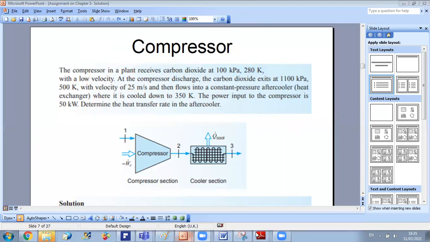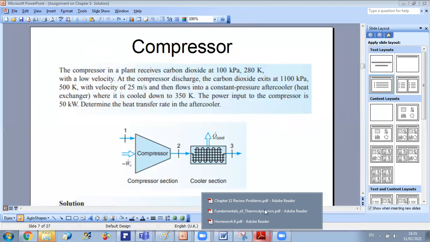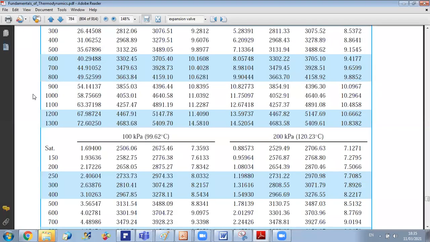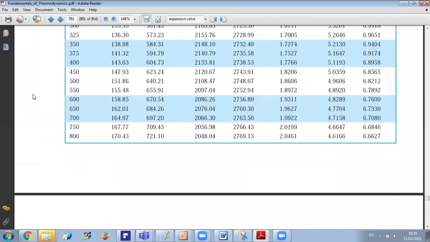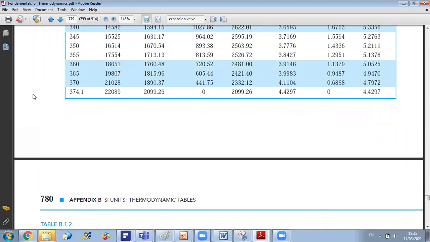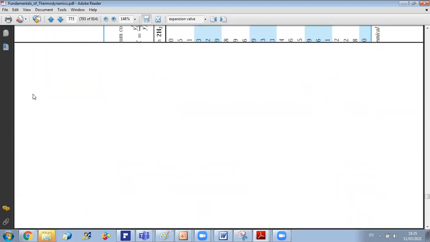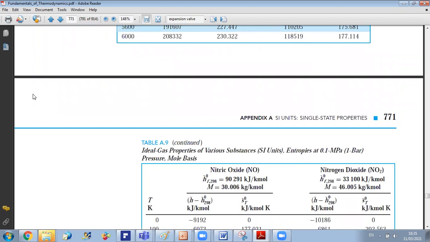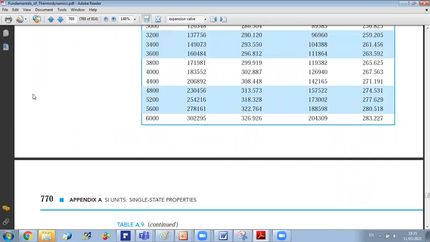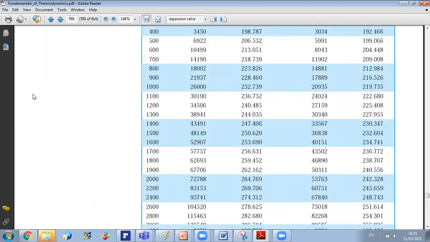Then I will go to my tables. And if you remember, it's not in Appendix B, it's in Appendix A, the ideal gas properties. So I'll go back to Appendix A. It's table A.8. I want A.8 for CO2.